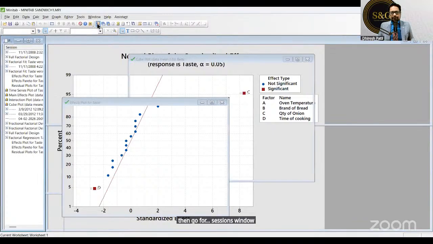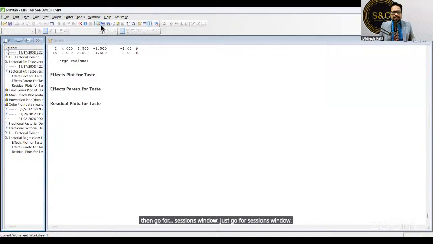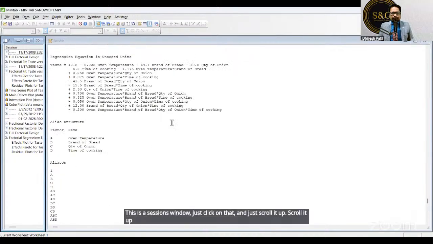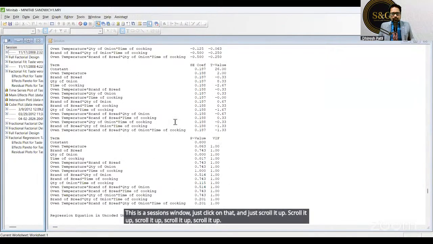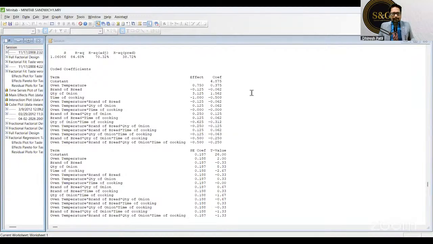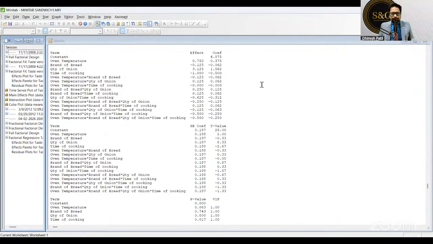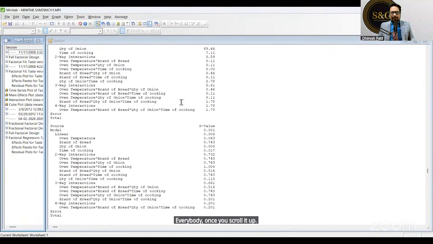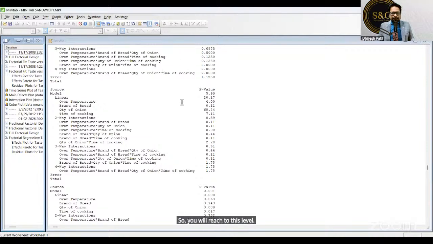Once this is done, then go for the session window. This is a session window, we all know, right? Just click on that and just scroll it up. Scroll it up. Everybody, once you scroll it up, you will reach this level.